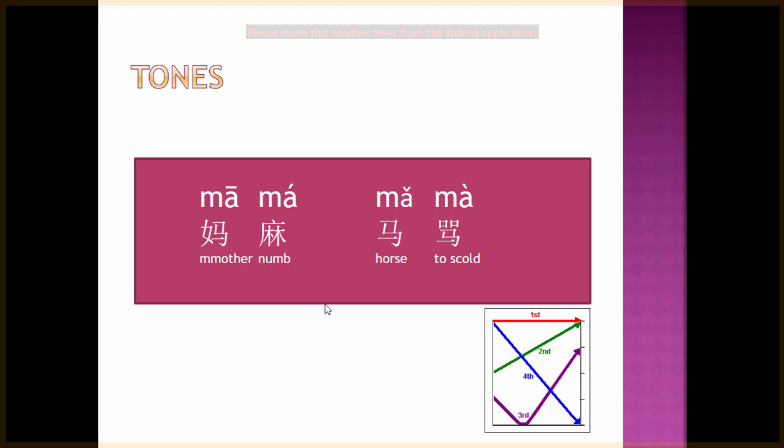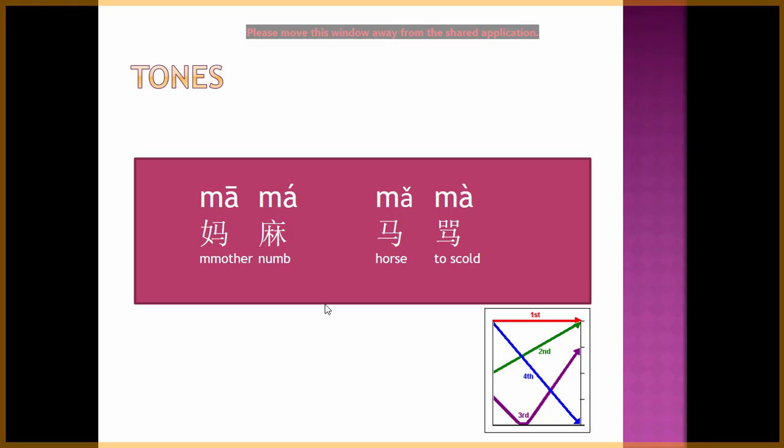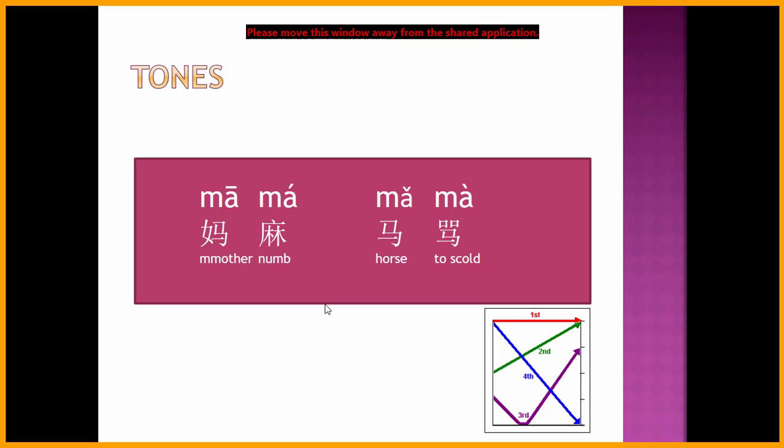The other is ma, that is the rising tone. And the third is ma, horse, right? Now here we come across another importance of tones: if a tone changes, the meaning also changes.